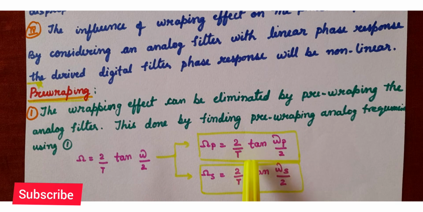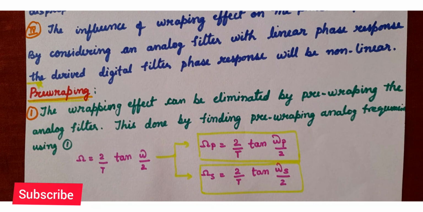Ω_p = (2/T) tan(ω_p/2), Ω_s = (2/T) tan(ω_s/2). So before transforming you have to find these two pre-warped analog frequencies and then apply the bilinear transformation technique.